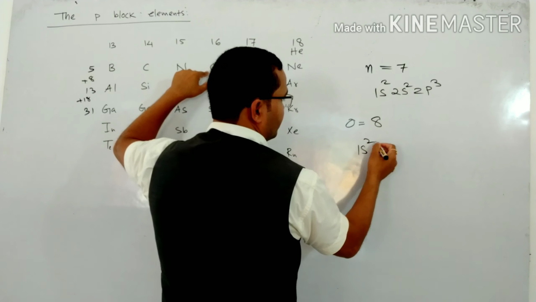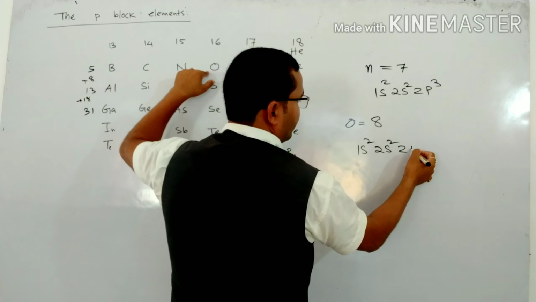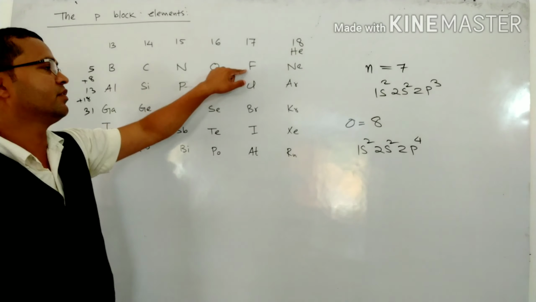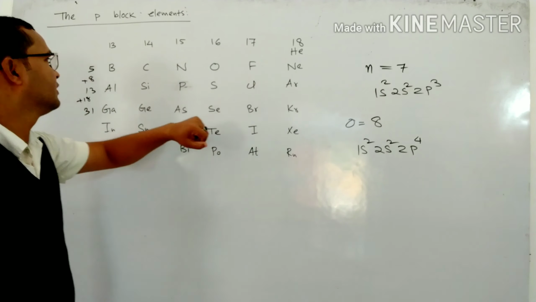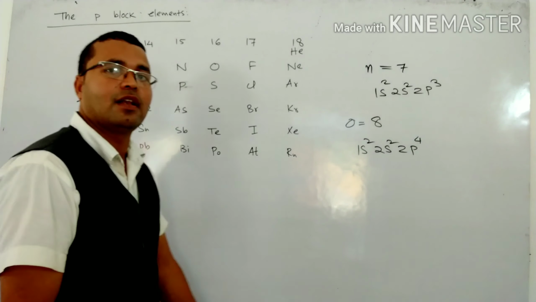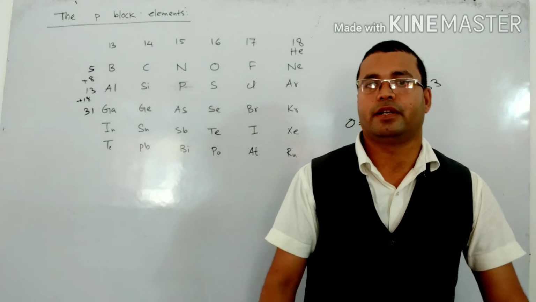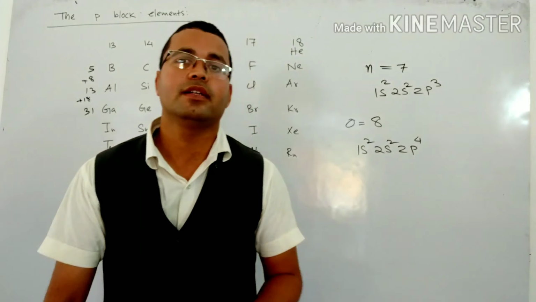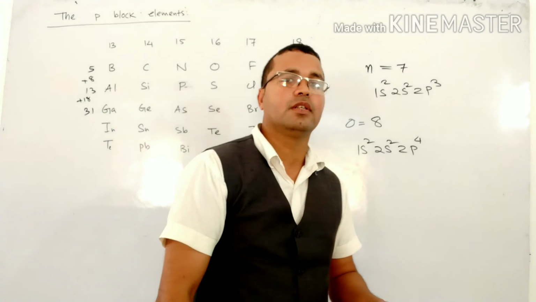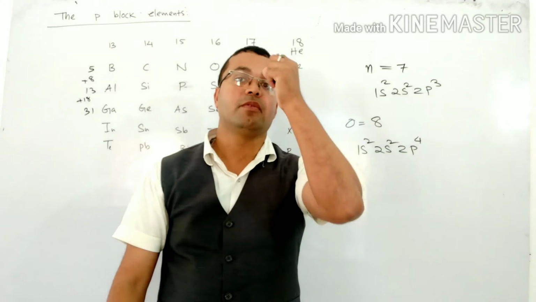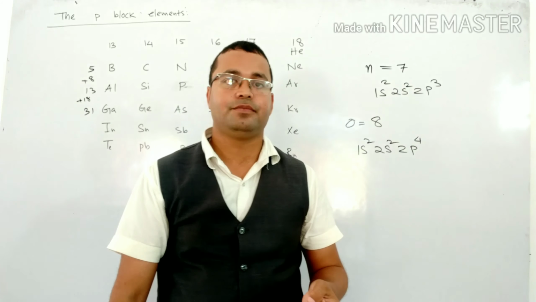So 1s2, 2s2, 2p4, fluorine 2p5, neon 2p6, here 2p2, 2p1. It means the last electron is in the p orbital. And what is the value of l for the p orbital? It is 1. You already know. So the value of the azimuthal quantum number for p-block elements is what? 1.